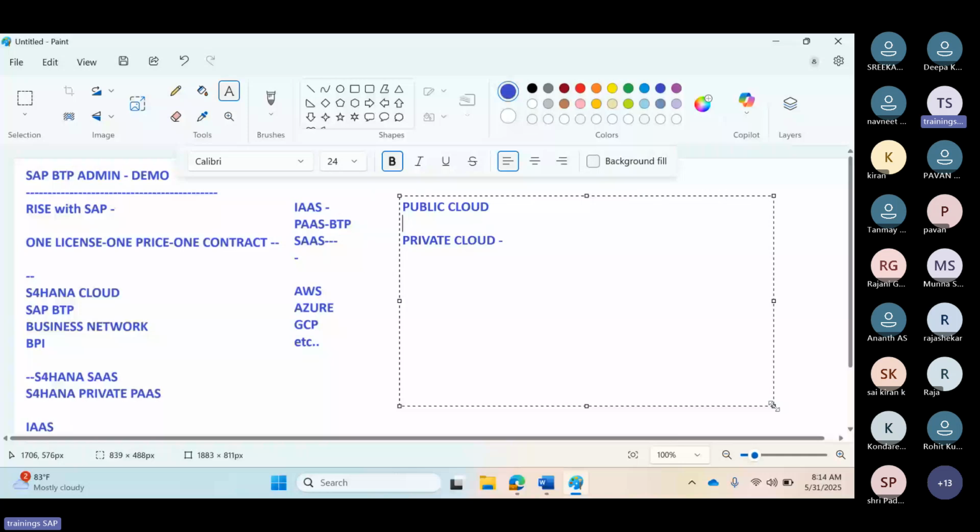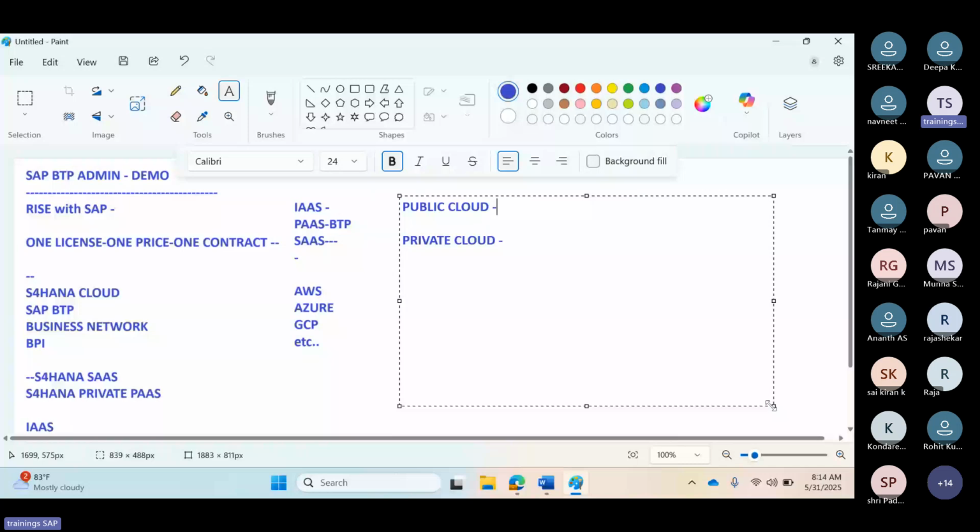Cloud services are offered mainly as public cloud and private cloud. Some people also talk about hybrid cloud. Public cloud means the cloud system is assigned to many customers. The resources are shared, but the data is separated from each other customer.